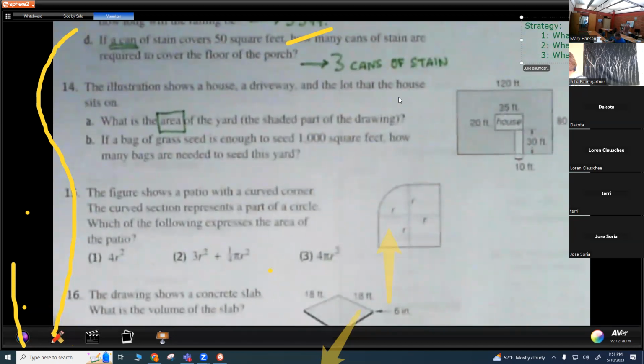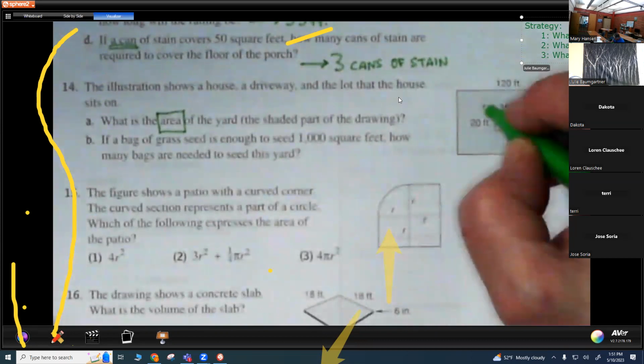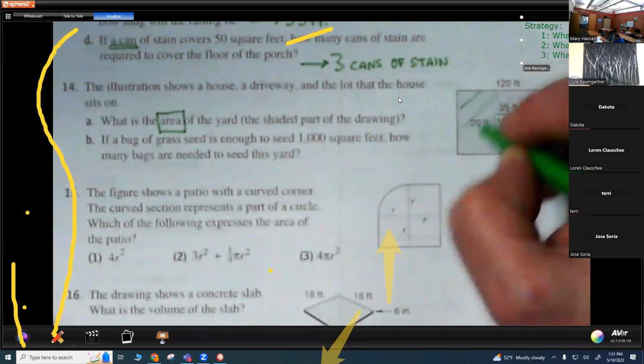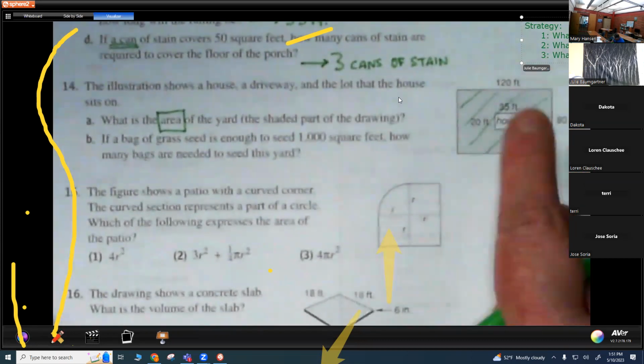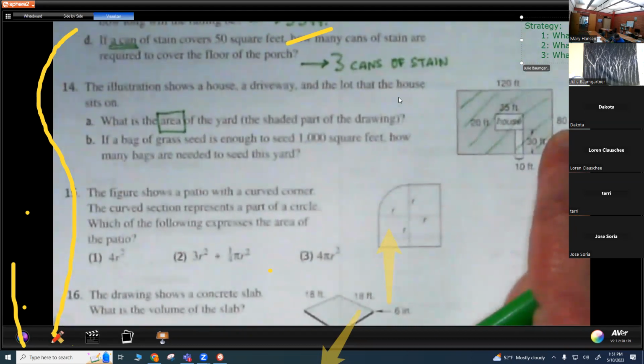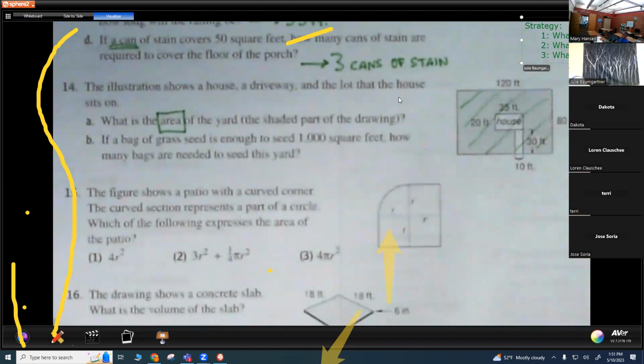So we know that the total area, right, is 120 by 80, so that's 9,600, right?